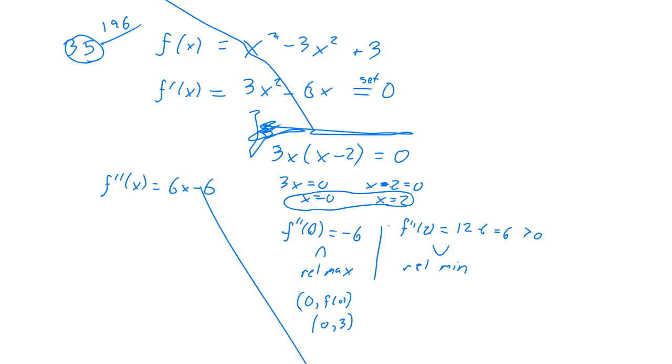And the relative minimum has an x coordinate of 2. To get the y coordinate, I plug 2 back into the original function. That's 8 minus 12 plus 3, negative 4 plus 3. I'm doing it in my head, but I think that's negative 1.